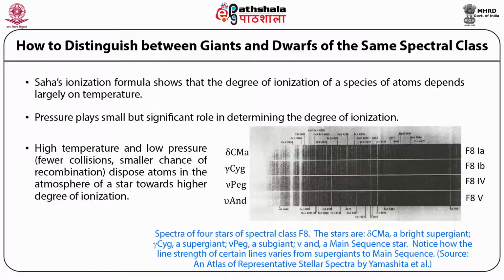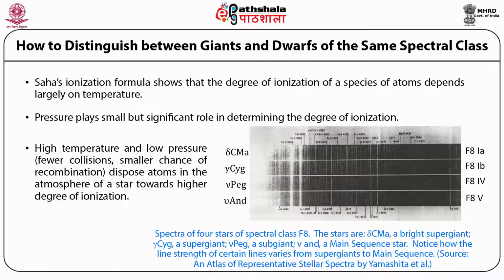The graph shown here is the spectra of 4 stars of spectral class F8. The stars are Delta CMa, a bright supergiant, Gamma Cyg, which is again a supergiant, Nu Peg, which is a subgiant, and Nu Ant, which is a main sequence star.